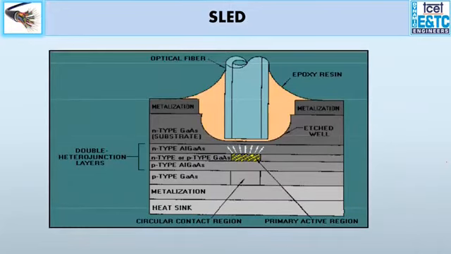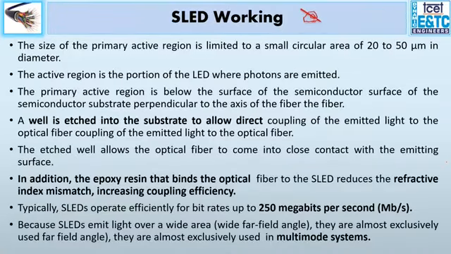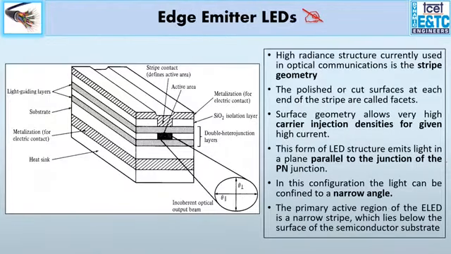You can even use lenses, as I have shown you, micro lenses to couple maximum light into the fiber. So when you are using surface LEDs, again you can have a similar configuration, or micro lenses, or an index matching material to couple the maximum light.